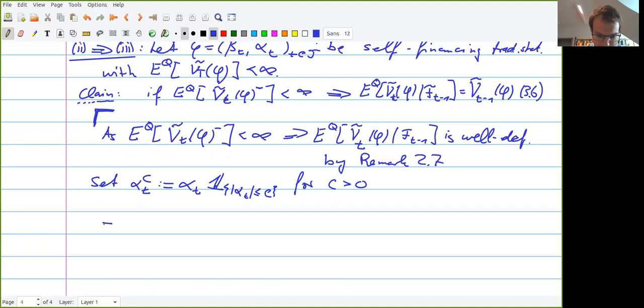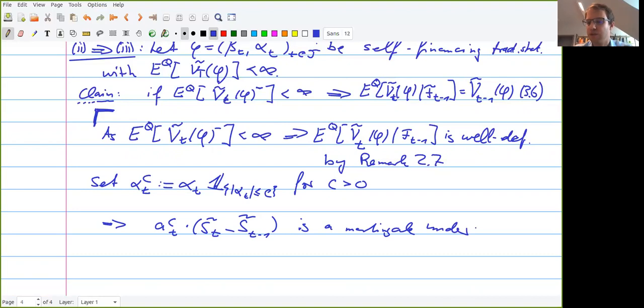Okay. So this means alpha CT. If you look now at this discrete integral here, it is a Martingale under Q, because now we can use the second condition as we have a bounded strategy under Q. And if this is a Martingale, what do we know?